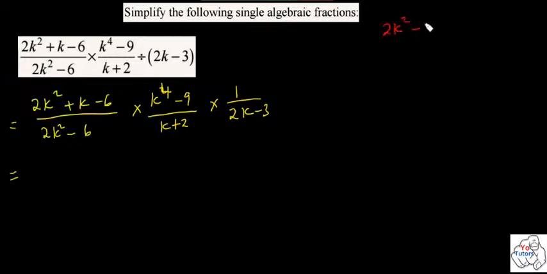2k squared plus k minus 6. We get negative 6k squared. We take the factors that multiply to give negative 6k squared, and add to give positive k. So this is going to be minus 2k and 3k.